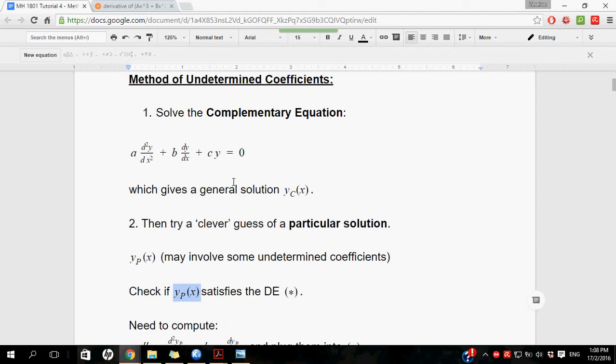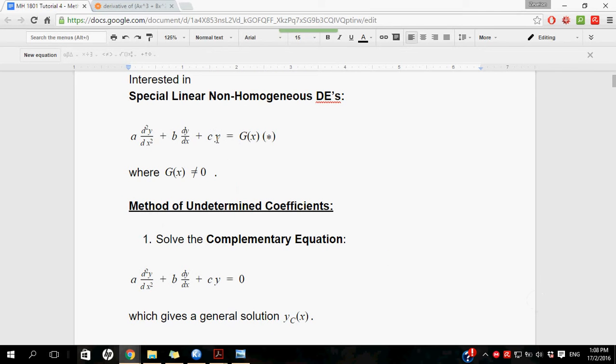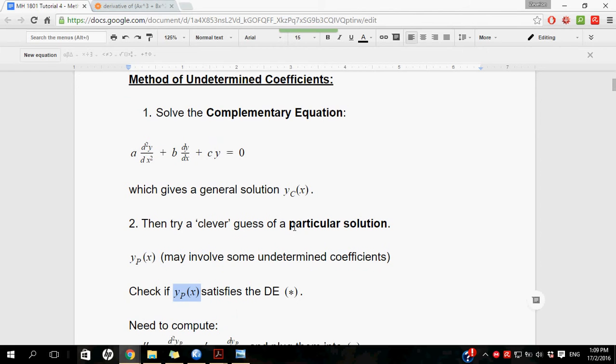That is to say, when we plug y_p into this equation, that is, substitute y_p for y, y_p prime for dy/dx, and y_p double prime for the second order derivative, the left hand side should be precisely g(x). That is what we mean by a particular solution.